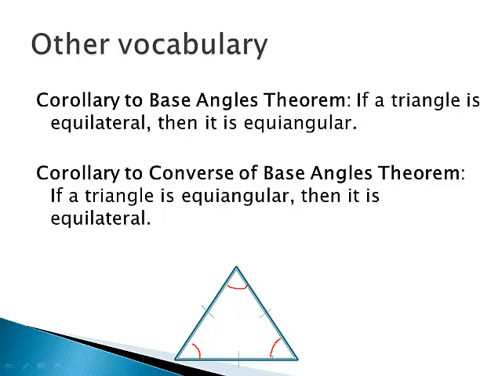Well, if you use the base angles theorem a couple times, you can say that this is congruent to this is congruent to this. We also know that this is congruent to this. So it basically shows that if you're equiangular, you're also equilateral. Equal angles means equal sides. And the converse, again, if equal angles are shown, then you can say that it's equilateral, or equal sides.